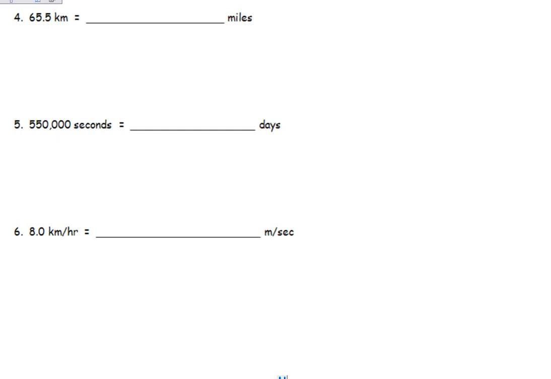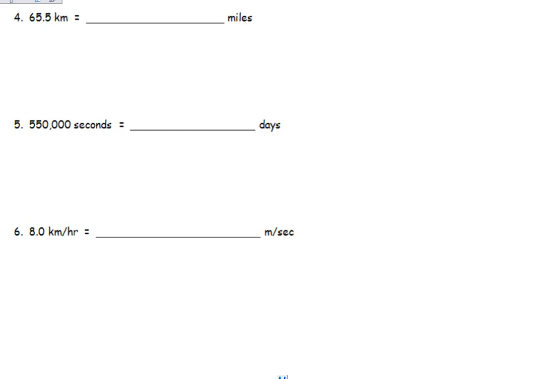Number 4, for example, is a conversion between kilometers and miles. I'll always give you a list of conversion factors. Now here you might want to look at the one that's earlier in the study guide, and you'll notice that there is no conversion listed to get you straight from kilometers to miles.